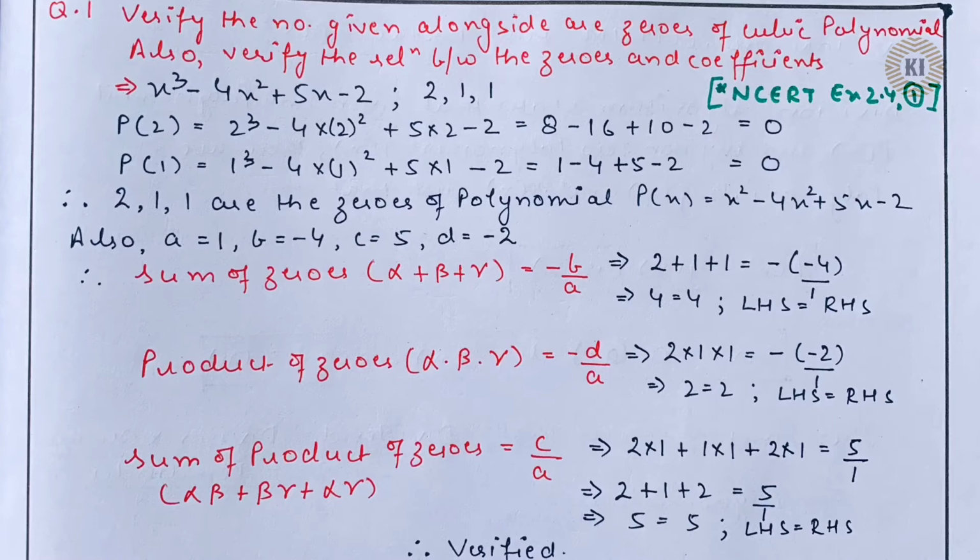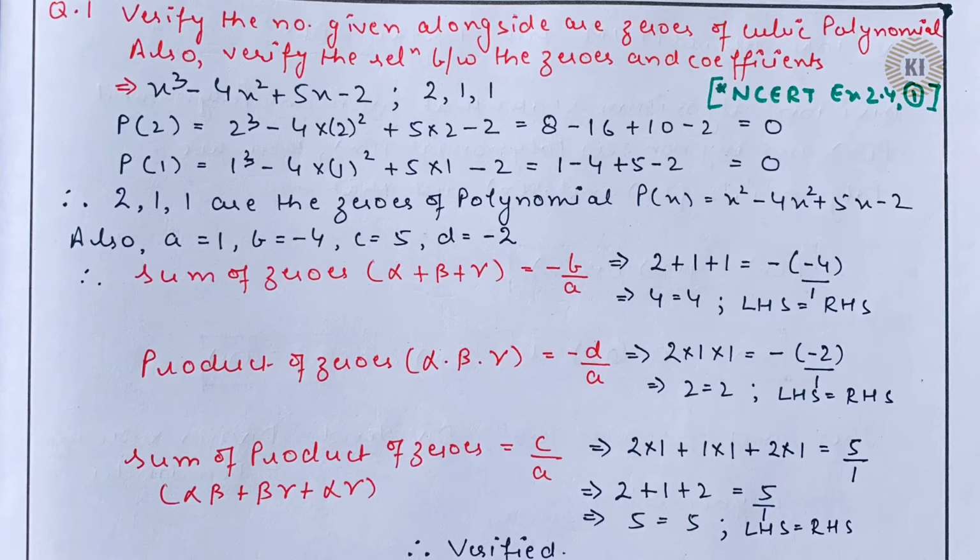So the cubic polynomial given to us in the question is x cube minus 4x square plus 5x minus 2. And the given roots are 2, 1 and 1. If 2, 1, 1 are the roots and you have to verify that they are the zeros of this polynomial, you simply have to substitute in place of x, and if you are getting 0, it will be a zero.